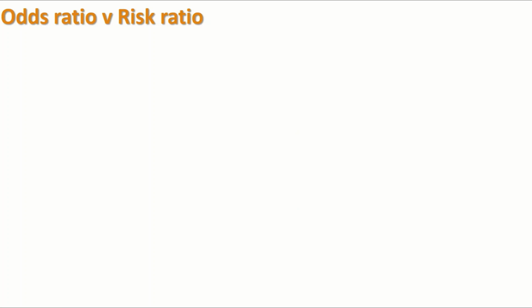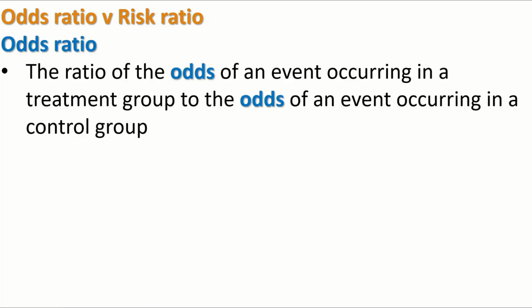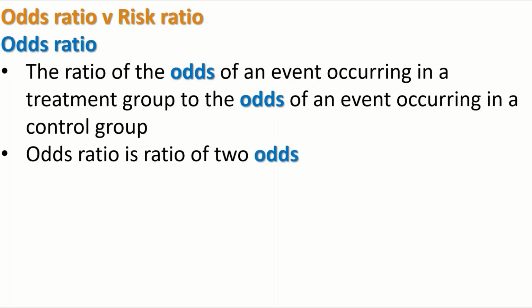So what is the difference between odds ratio and risk ratio? As I have described previously, the odds ratio is the ratio of the odds of an event occurring in the treatment group to the odds of an event occurring in the control group. The odds ratio is the ratio of two odds.